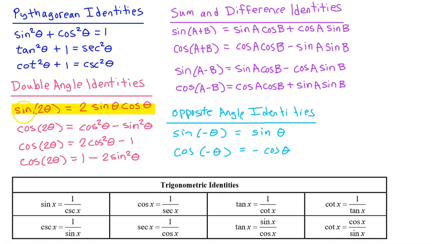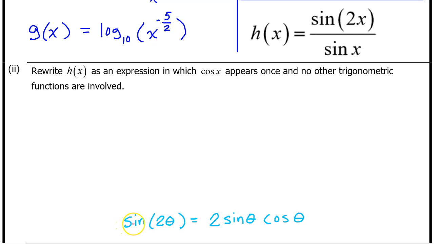I think we are about to use this identity right here. We can use this identity to rewrite the numerator of h of x. So we have h of x is equal to, and instead of sine 2x, we can write 2 sine x cosine x.